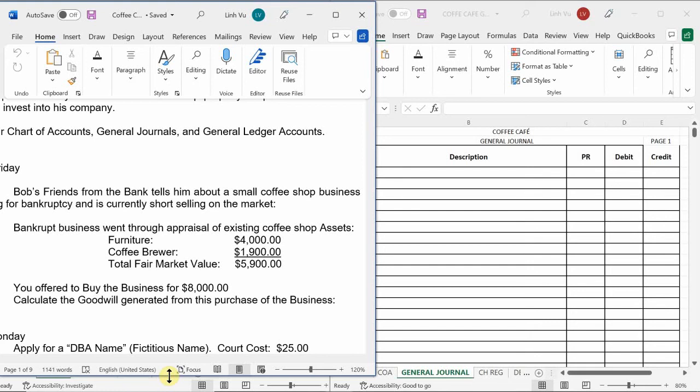We could say purchase furniture, correct? Well, the question is, can you journalize this transaction? Yes, furniture, purchase. Well, why can you? Because we have furniture, we have coffee. Well, is this a business transaction?